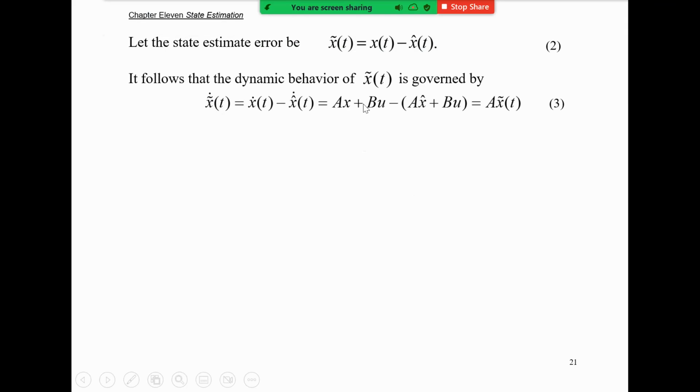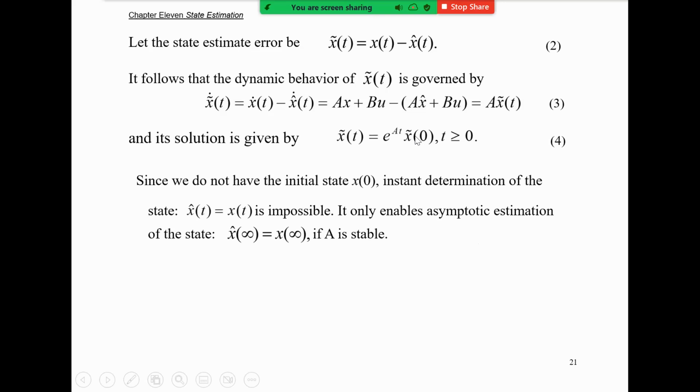Ax plus Bu minus A x hat plus Bu, the Bu cancels out, and we get A times x tilde, a very simple equation. Now, if you look at this equation, from what you have learned in this course, it should be very clear to you when x tilde will go to zero.